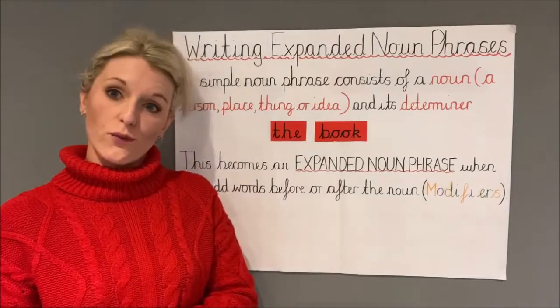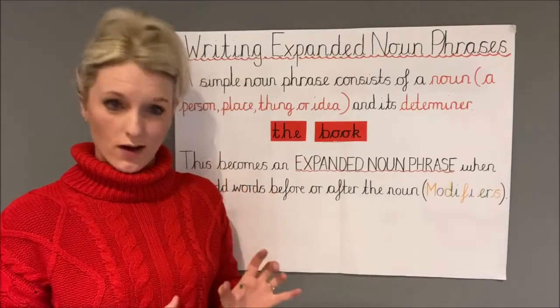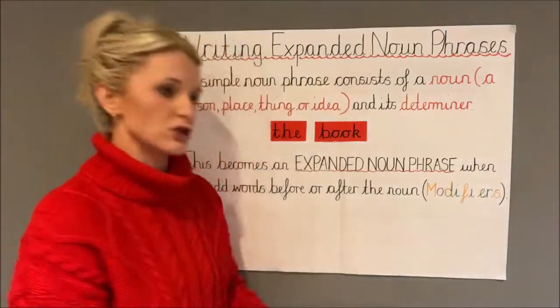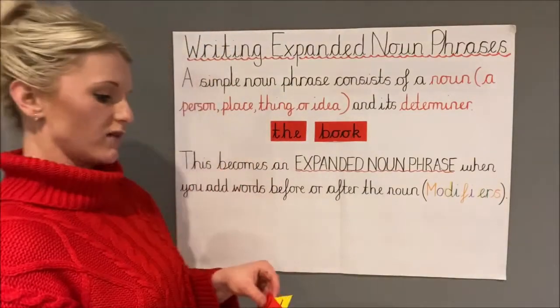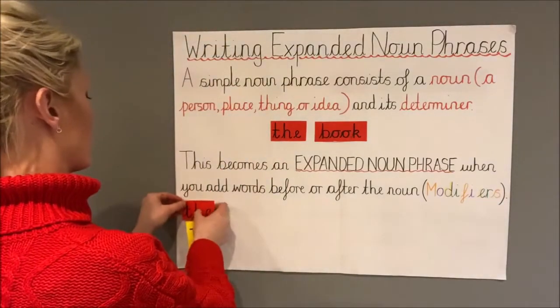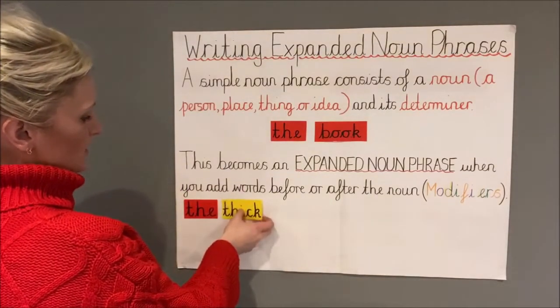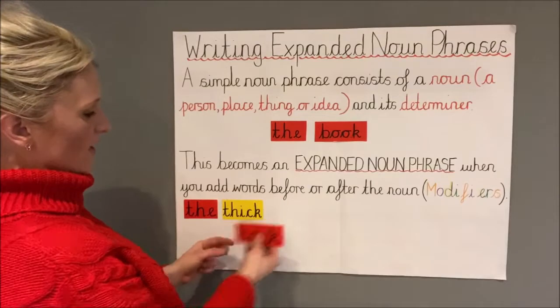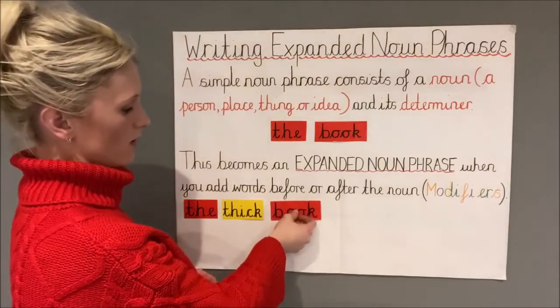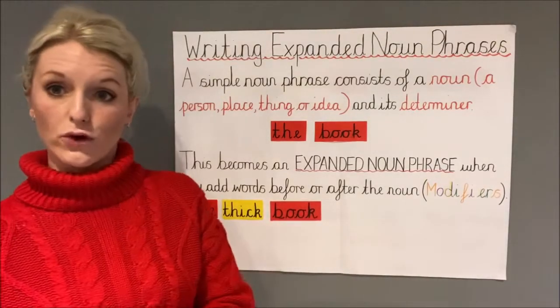So when we first start doing this down in Year 1, we would expect our children to be able to add in just one adjective before the noun. So we'd start with our determiner, the, we'd add in one adjective like the word thick and one noun like the word book.